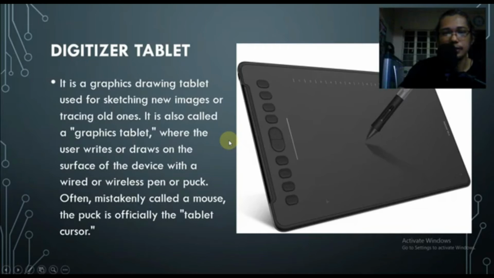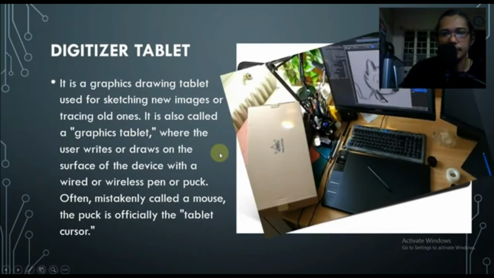So it is called a graphic tablet, where the user writes or draws on the surface of the device with a wired or wireless pen or puck. The puck is mistakenly called a mouse, but it is officially a tablet cursor. So if you're going to draw using a digital tablet, you can use that. This is Adobe Illustrator, so you can use it to draw. Actually, this is Photoshop.